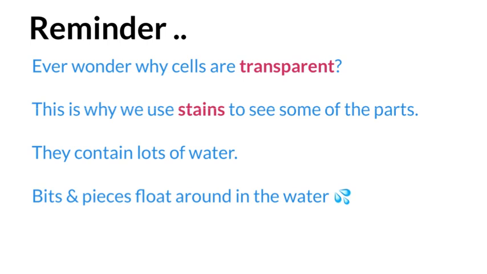Now, the reason they're transparent or clear is because they're mainly water. All right? And what we find is that the little bits and pieces in the cell float around in the water. Yeah, they sure do. But some of them are also anchored in place. There are these little, if you like, scaffolds or little areas like mooring pontoons where they can sort of stay for a little while. More about that when we do the structure of the cell.